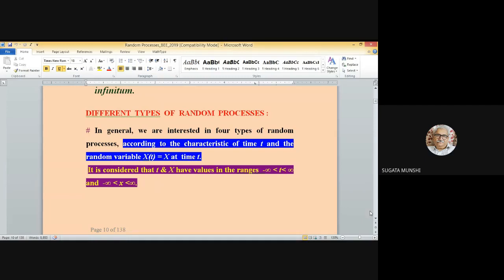If we are interested in studying the statistics of the signal value at any particular instant t1, then from all these collections we have small x1(t1), small x2(t1), small x3(t1), etc. They are the values assumed by a random variable capital X(t1).